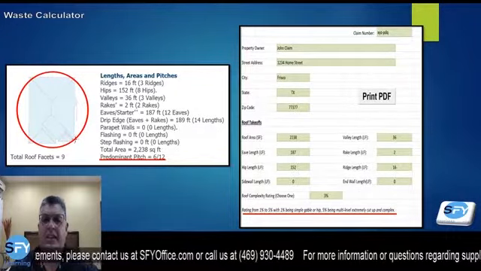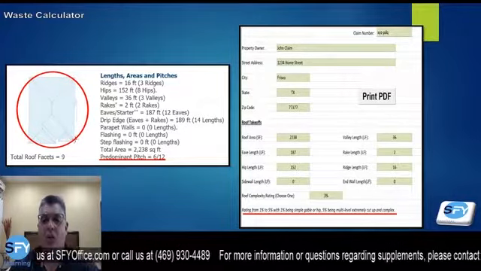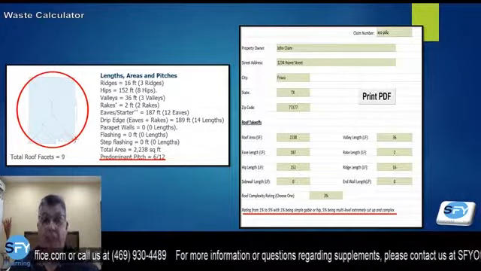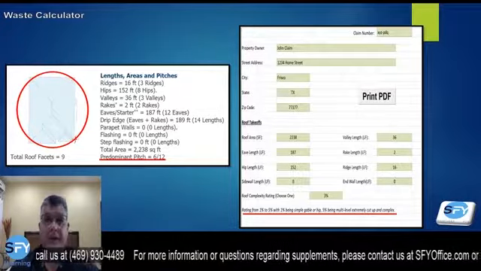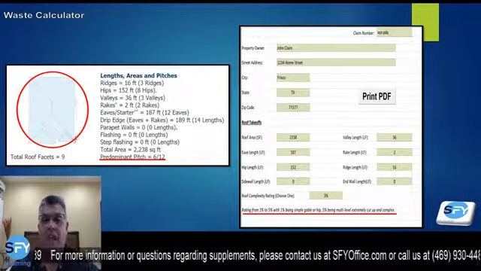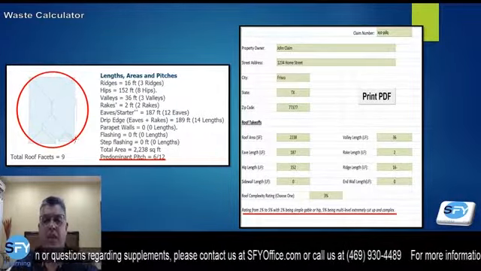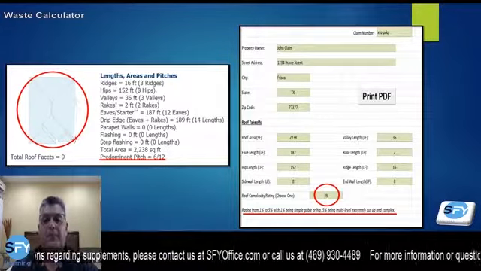I'm sorry, I said gable, I meant hip. Whereas your more complicated, a 60 square with 59 facets on 2 different levels, that would be more of a 5% complexity that you would put in this area right here.